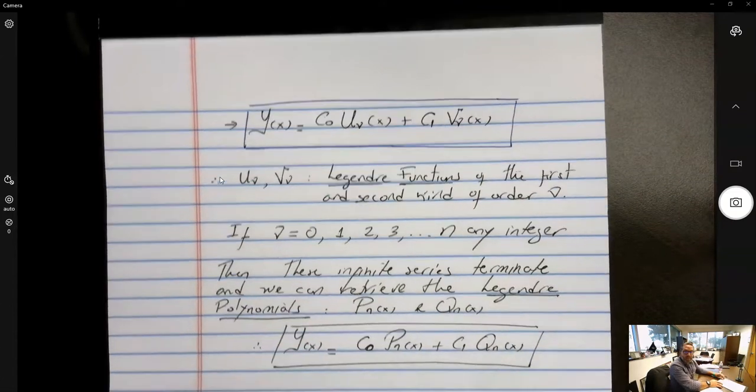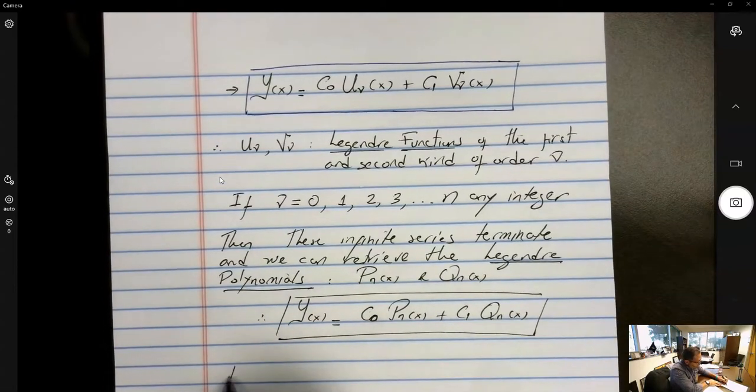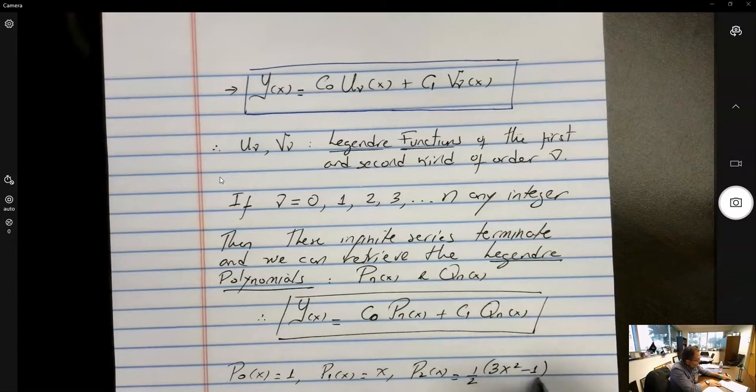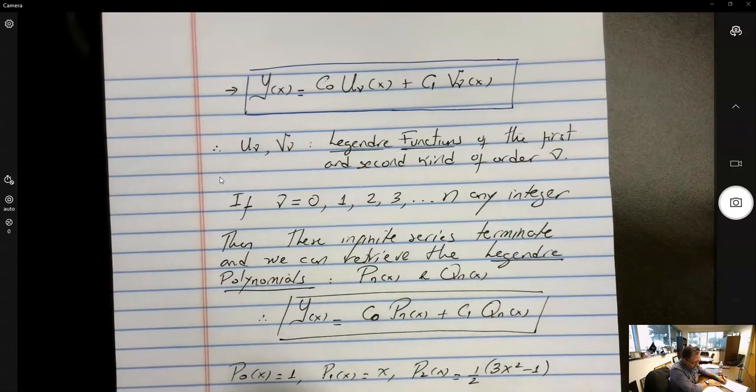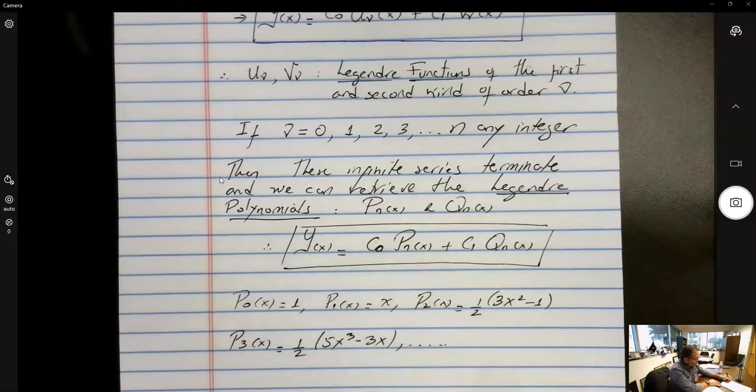So instead of being these infinite power functions, they're just simply polynomials, right? So it turns out that P0 of x is equal to 1, P1 of x is equal to x, P2 of x is equal to 1/2 of 3x squared minus 1. P3 of x is equal to 1/2 of 5x cubed minus 3x, and so on and so forth.